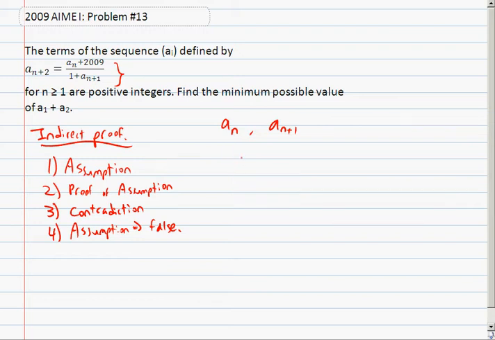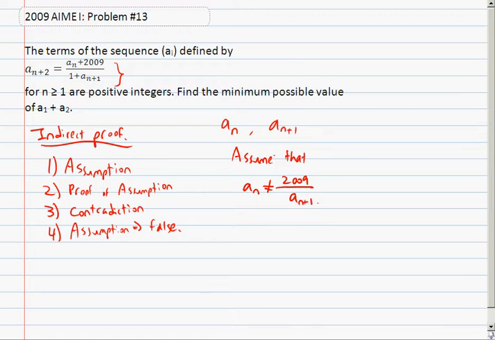Let's first assume that a sub n is not equal to 2009 over a sub n plus 1.